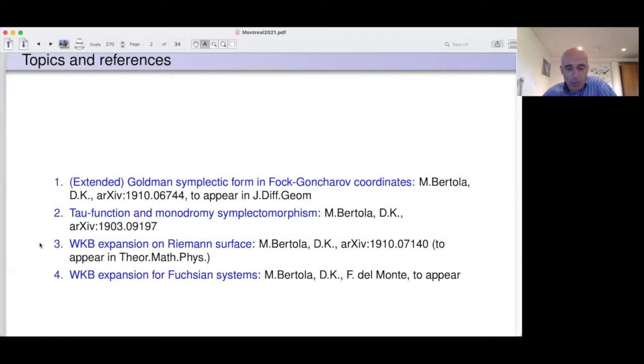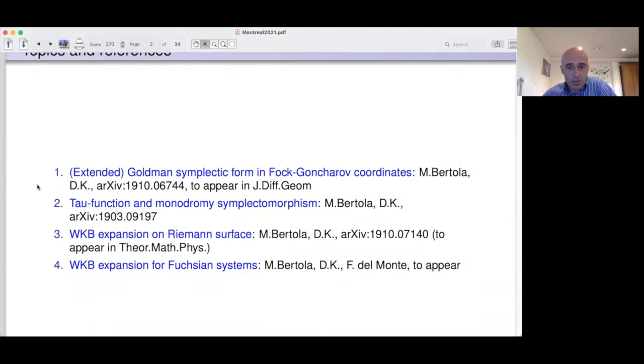So we look at the WKB expansion of that. These three results are published. Paper number 4 is in a quasi-ready state and a bit in preparation: how to properly do WKB on Fuchsian systems. So these are roughly the topics.